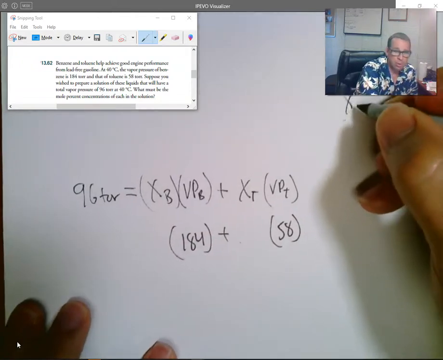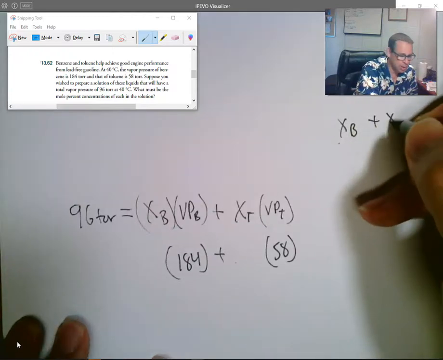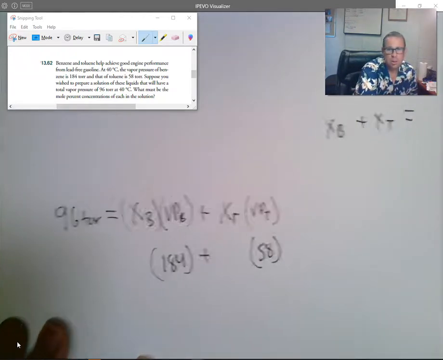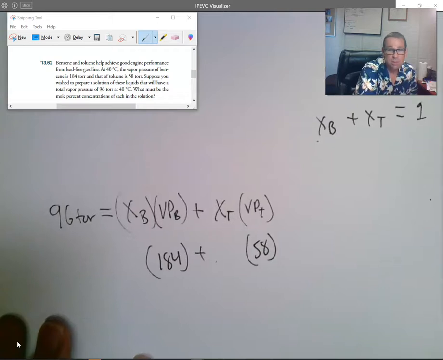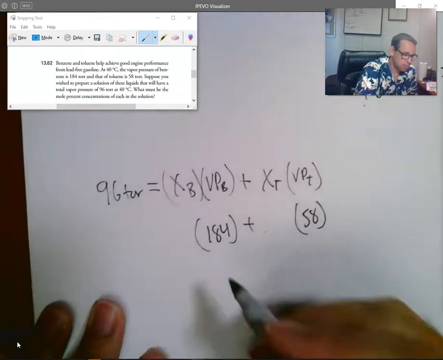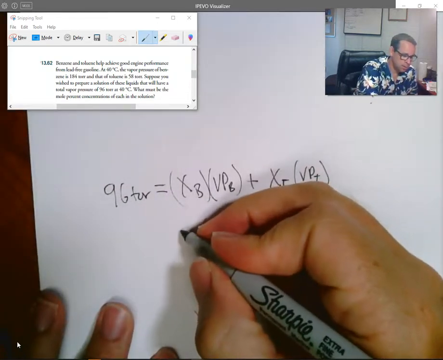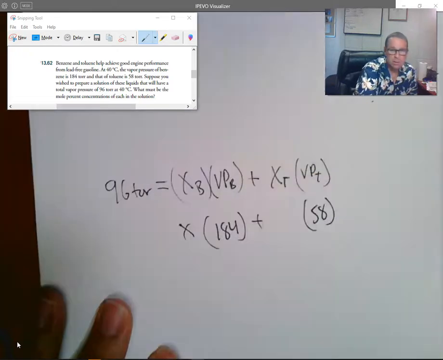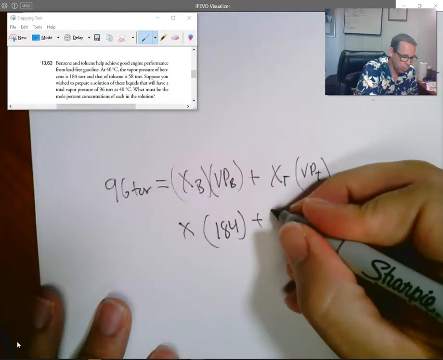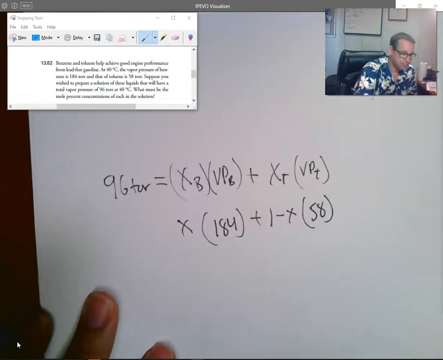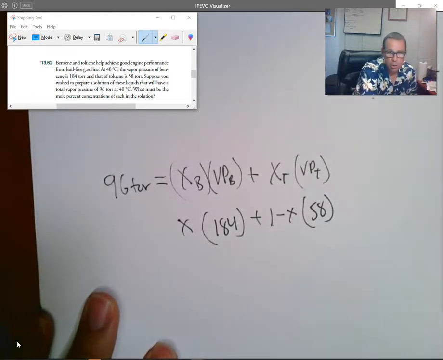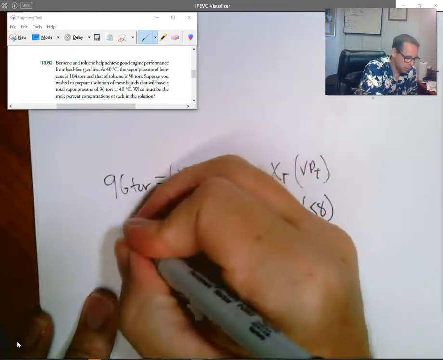The mole fraction of benzene plus the mole fraction of toluene is always going to equal 1. So that's nice to know. So we could call this x, and this could be 1 minus x, so that we only have one variable now instead of two.